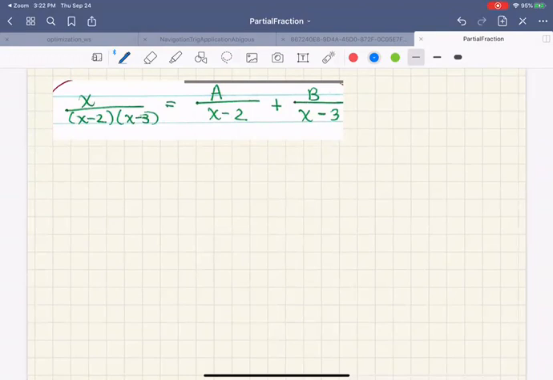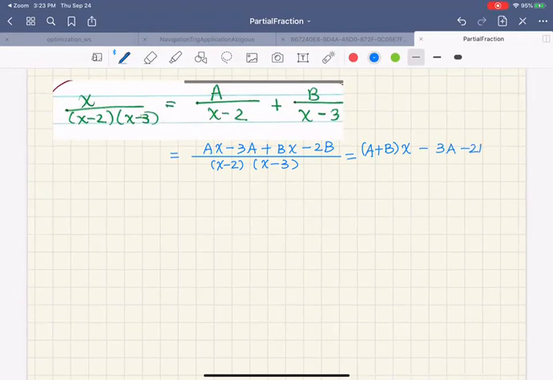We can know that this guy equals to x minus 2 times x minus 3, and then ax minus 3a plus bx minus 2b, right? That makes sense? So a plus b times x minus 3a minus 2b, and then over x minus 2 times x minus 3.